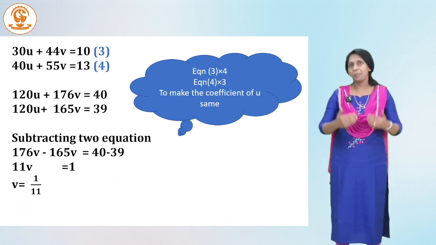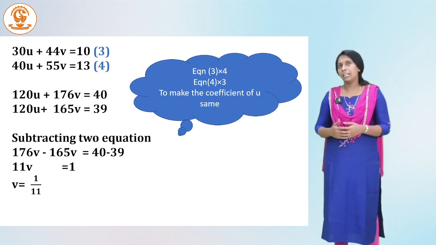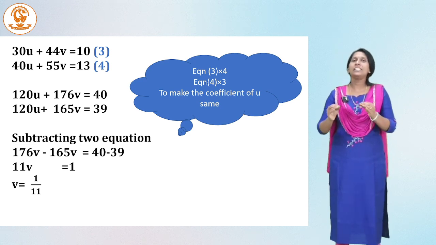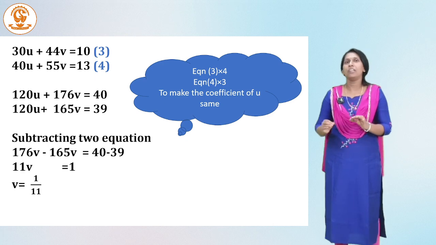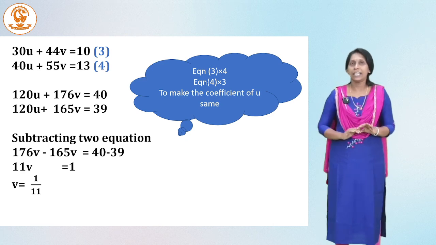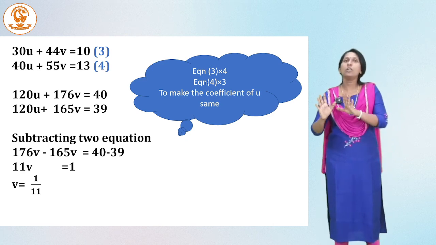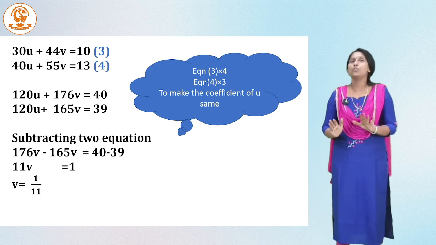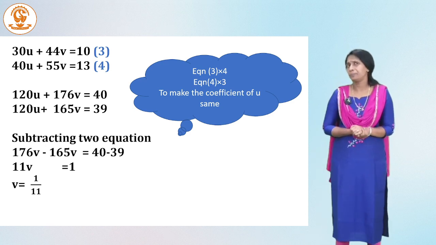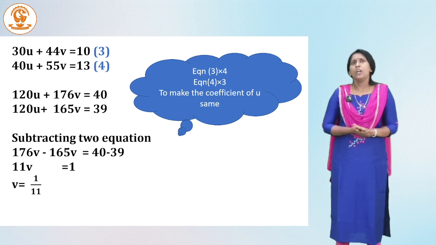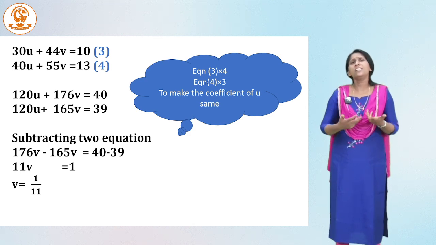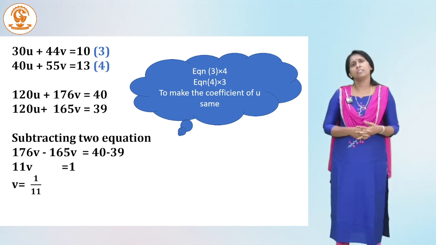So, when we do subtraction, u will get eliminated and 176v minus 165v is equal to 40 minus 39. That is 11v is equal to 1 and v is equal to 1 by 11. Clear? Now, actually, what is this v? Tell me, what is this v?